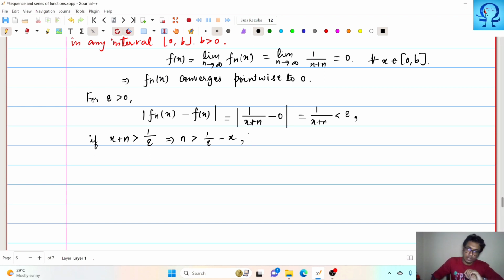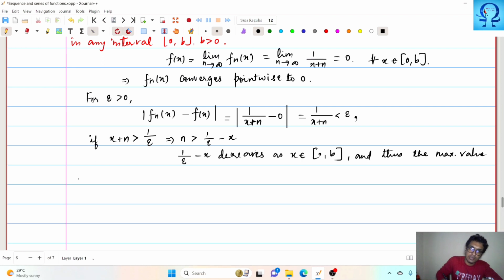We are able to see that this 1 upon epsilon minus x decreases as x ranges from 0 to b. Thus the maximum value is 1 upon epsilon, that is, the supremum of 1 upon epsilon minus x is nothing but 1 upon epsilon only.